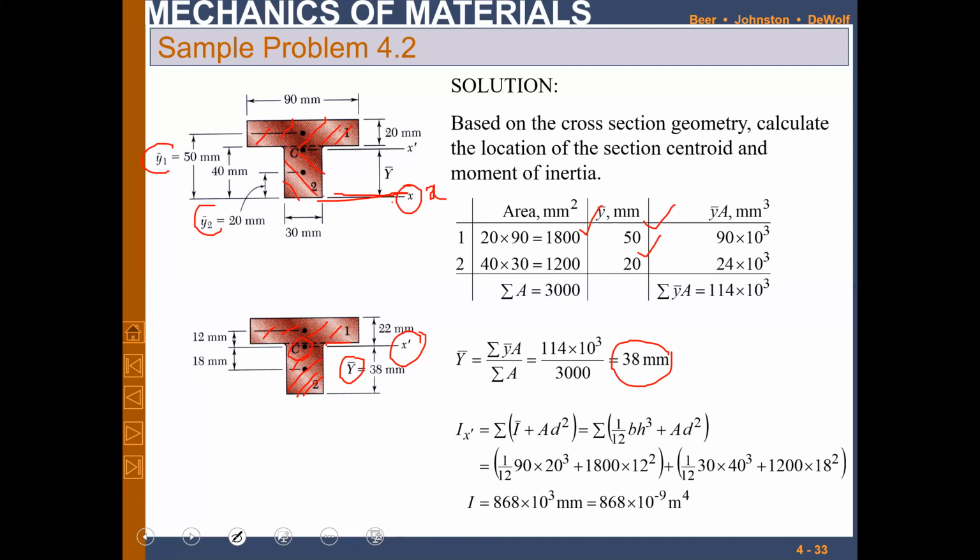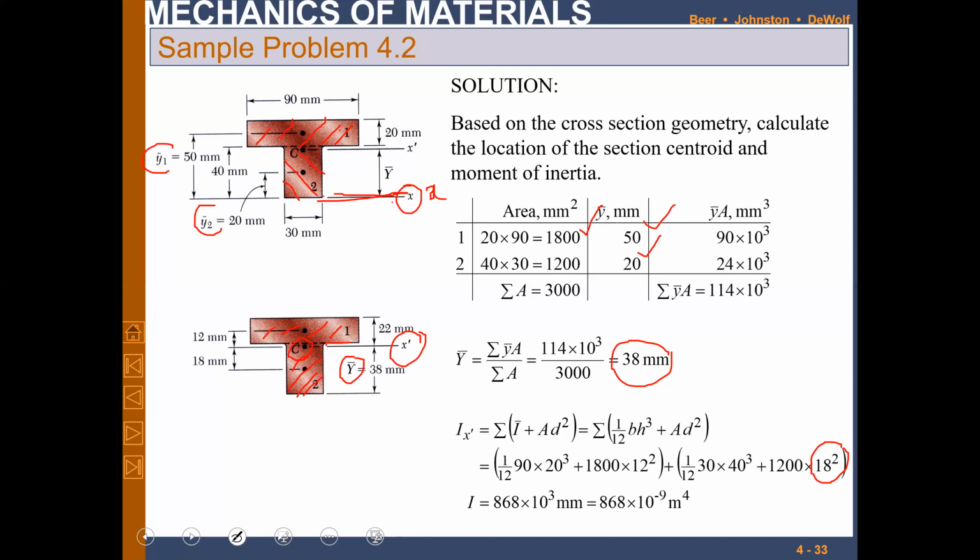Initially the centroid is at 38, and then you have to calculate: 38 minus 50 will be 12, and 38 minus 20 will be 18 for the second shape, because this is 50 and this is 40.